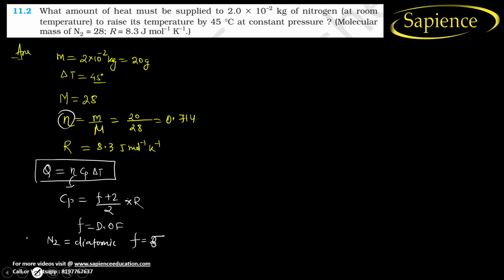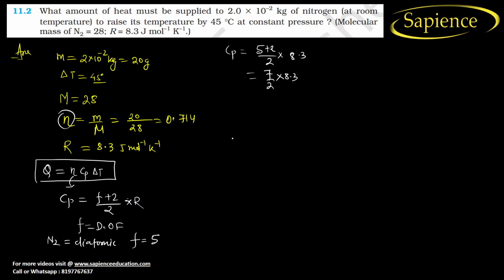So if we put f equal to 5, Cp will be equal to (5 plus 2) divided by 2 into R. R is equal to 8.3. So finally it will be 7 by 2 into 8.3.